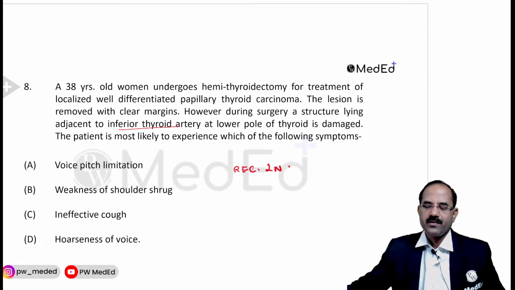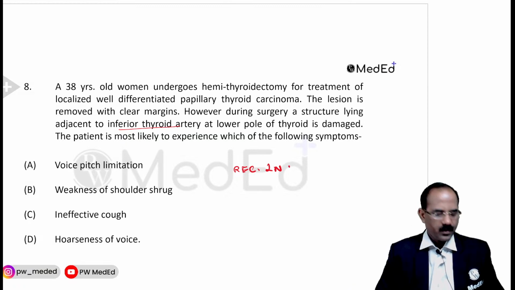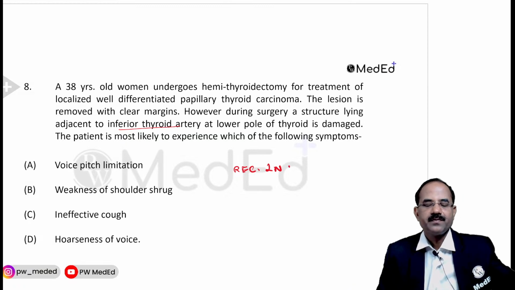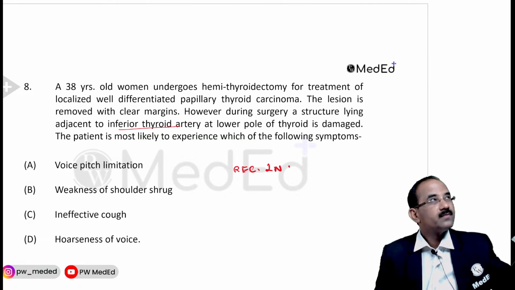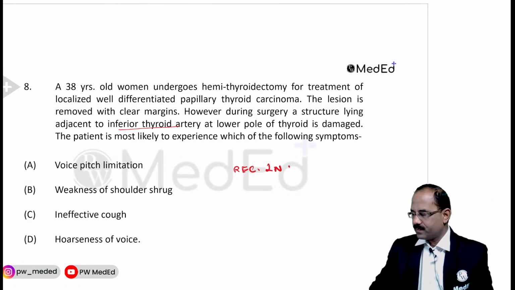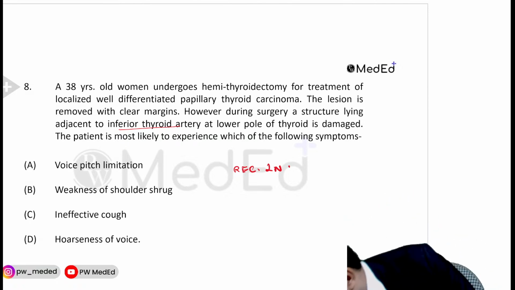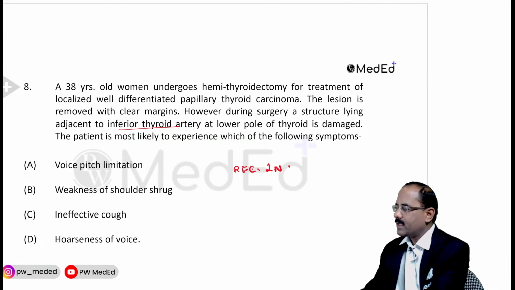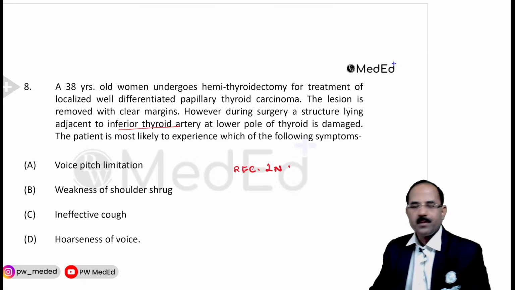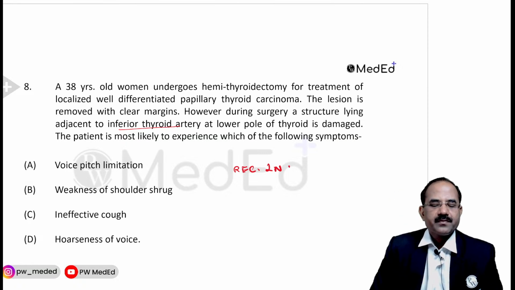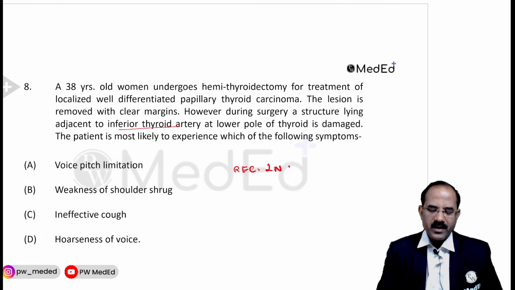Recurrent laryngeal nerve. Now you answer, students. Any guesses? What will the person complain of? Hoarseness of voice. Yes, very good.